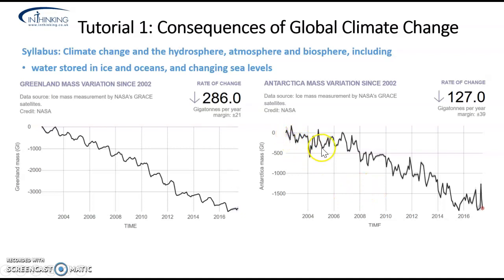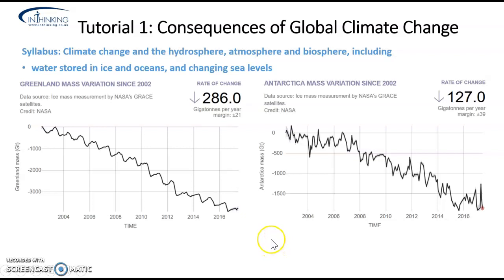And we see in Antarctica quite a big amount of fluctuation, but the trend line is still significant ice losses, but not the same extent as what we're seeing in Greenland. Although there is uncertainty in Antarctica in the data, there's a lot more uncertainty about the amount of ice loss that's being experienced there.